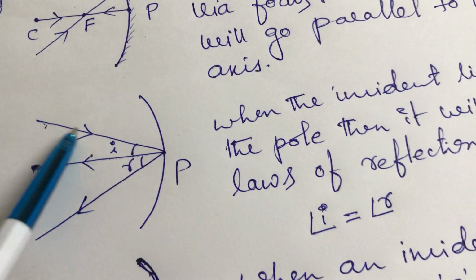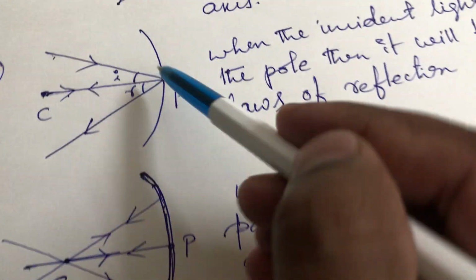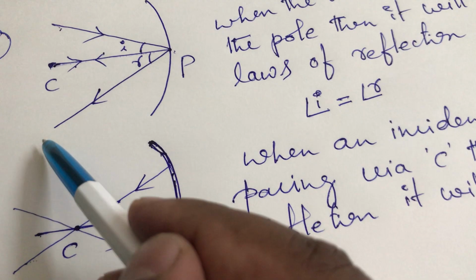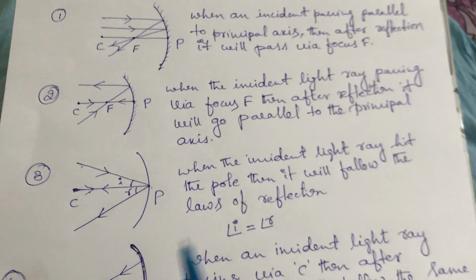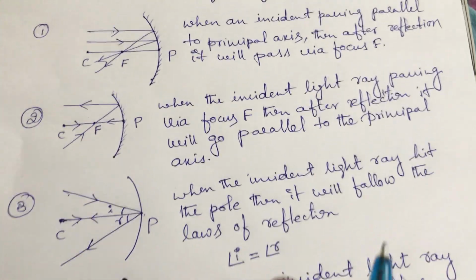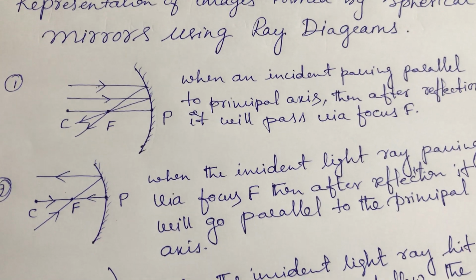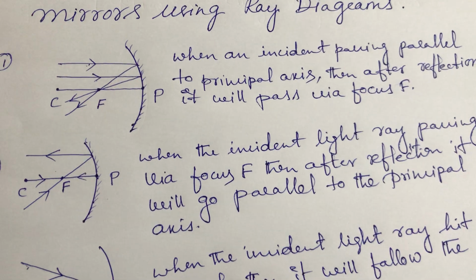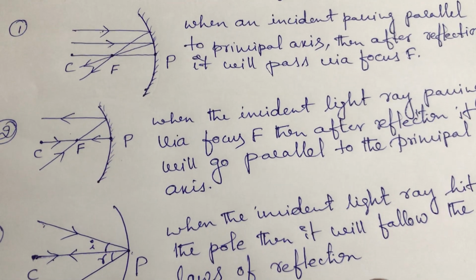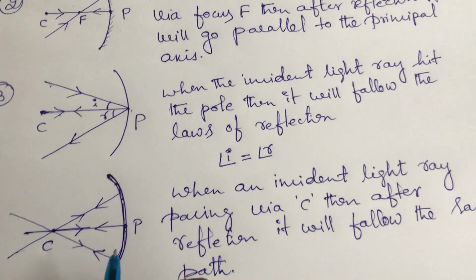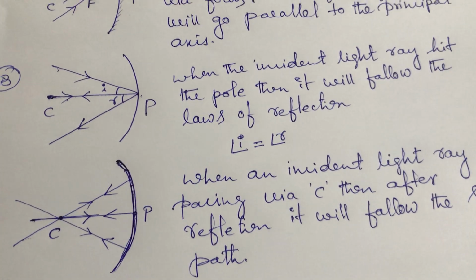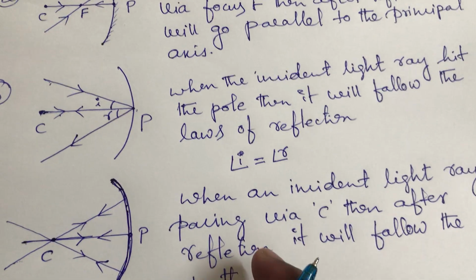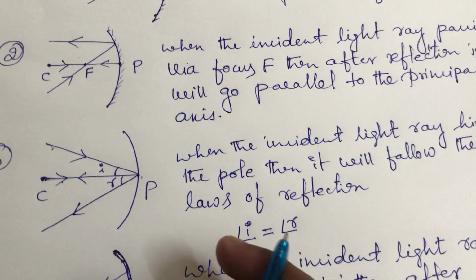It says that light is going in this direction. After hitting P, it will come back in this direction. So these are the important set of rules we have to remember while drawing ray diagrams or any kind of image formation diagrams in the optics chapter. This is the most important thing to understand and to solve any numericals.